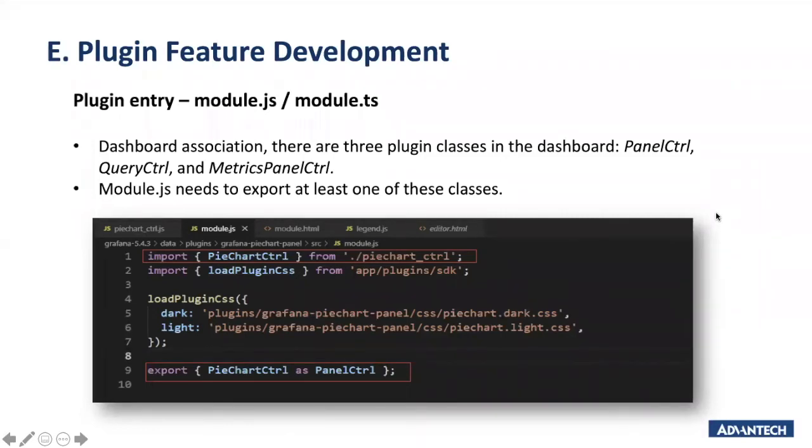First, we took a look at this module.js. It's basically importing some components from the SDK and also the control you are developing. It's also loading some plugin CSS files. And you need to export your control as this panel control right here.